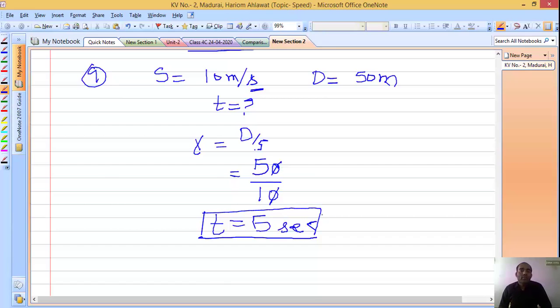Okay, now you can find out speed with the help of distance and time, and you can find out distance with the help of speed and time. You can find out time with the help of speed and distance. If you know two parameters, you can find out the third one.